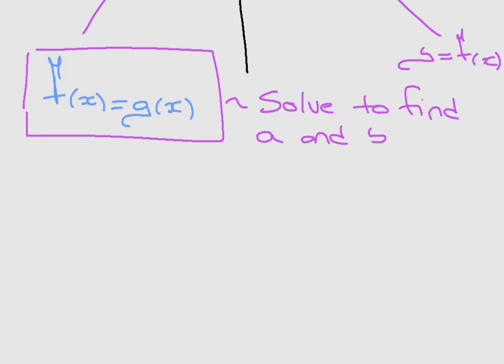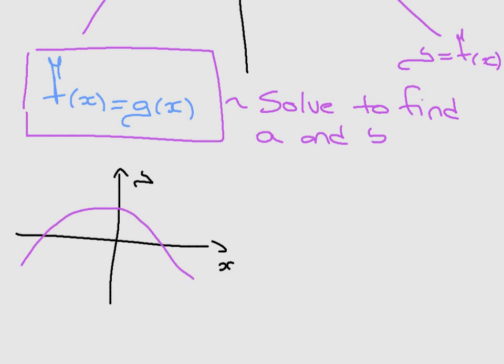Now once we've found a and b, then two cases may arise, and we'll look at both of them. Let's say we have, I'll draw both sketches side by side, x and y, and here I've got my curve y is equal to f of x, and the second curve y is equal to g of x.